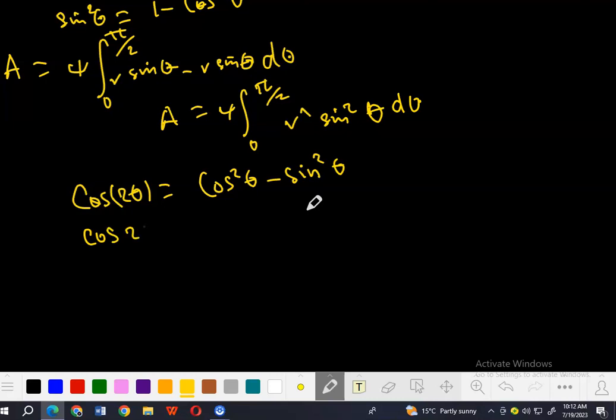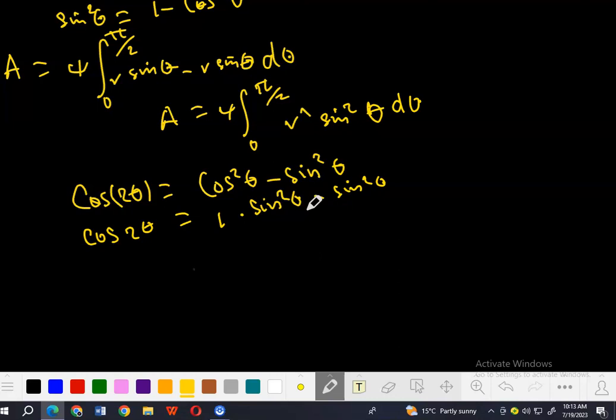Instead of cos squared theta, you write 1 minus sine squared theta, minus another sine squared theta.